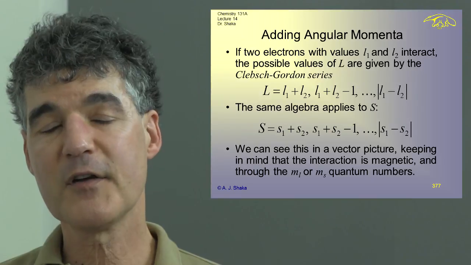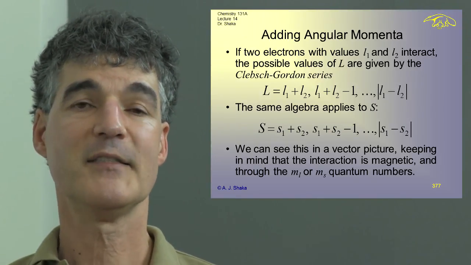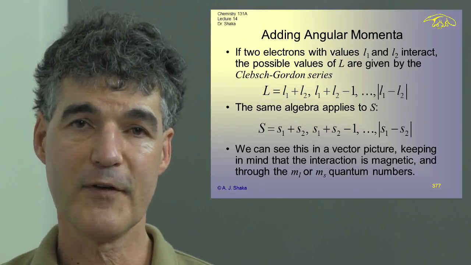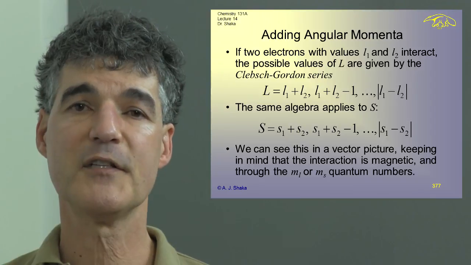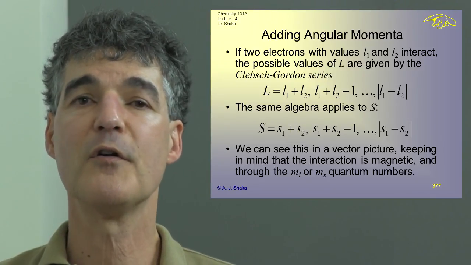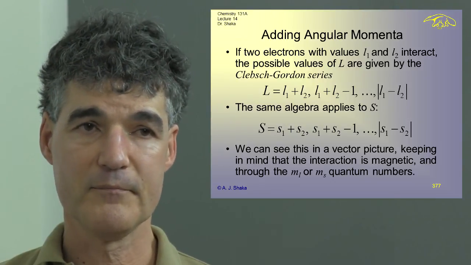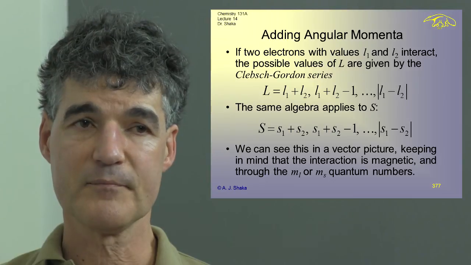We say absolute value because we don't know whether L1 is bigger than L2 or less than L2, so we just put the absolute value there to terminate the series. It terminates at a positive number, which could be 0, because L1 and L2 could both be 1, for example. This series is called the Clebsch-Gordan series.